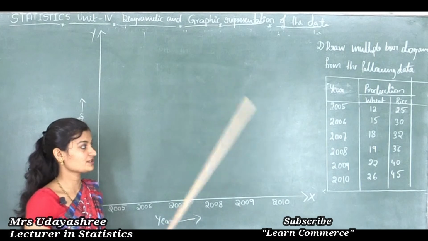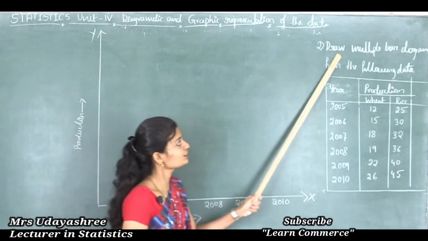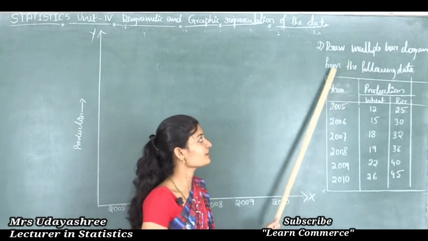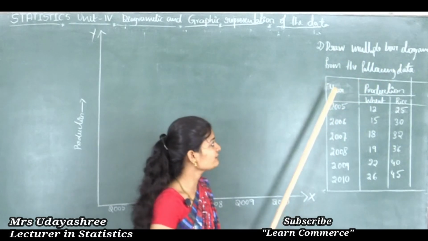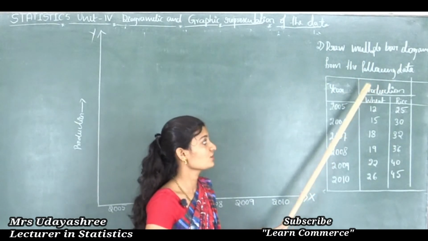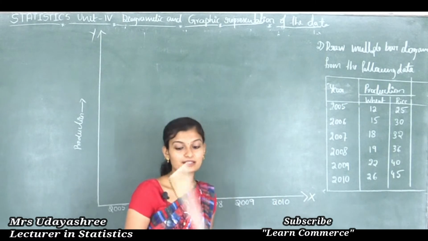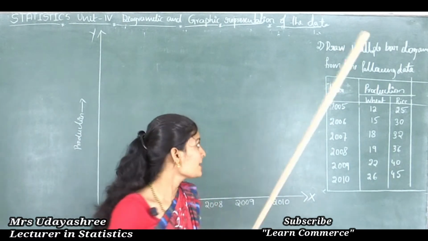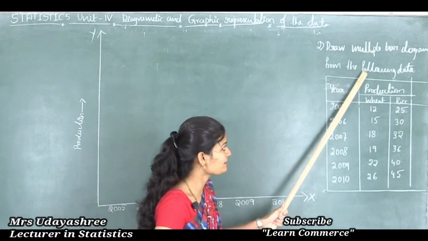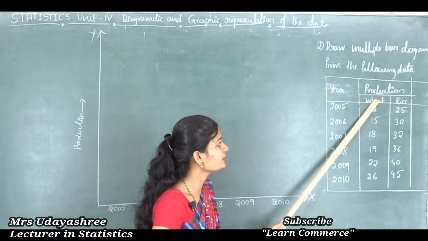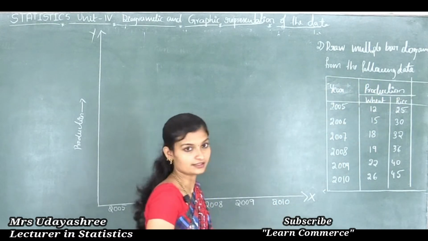Before drawing the bars on this diagram, we need to write a title for this question. The question is: draw a multiple bar diagram from the following data, and the given information is year and production. Which title is suitable? The suitable title is: multiple bar diagram representing production of wheat and rice in different years.